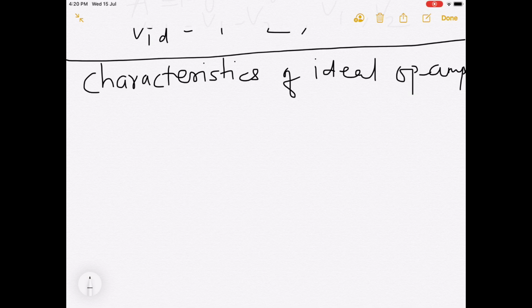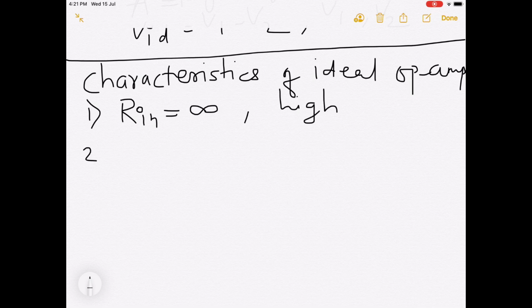The first characteristic is input impedance, input resistance, which we denote as Rin. Input resistance should ideally be infinite, practically very high. Output resistance RO should ideally be 0, practically very low.